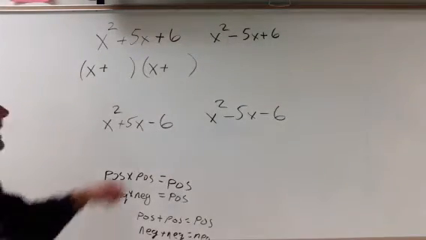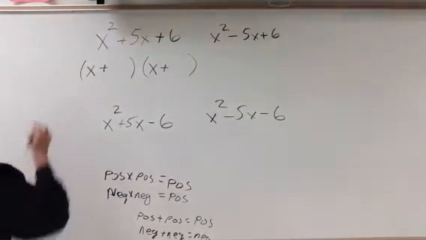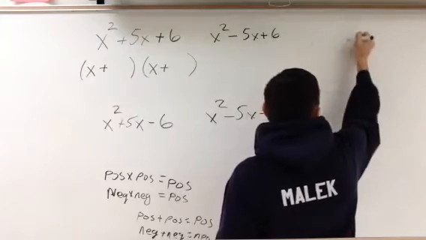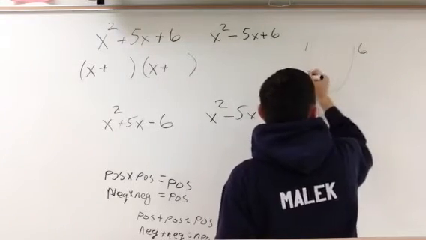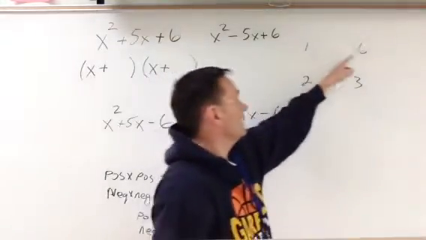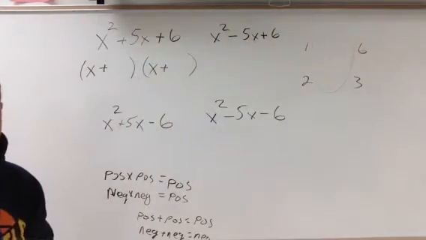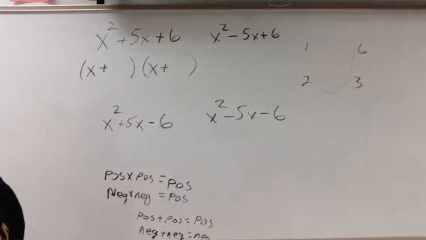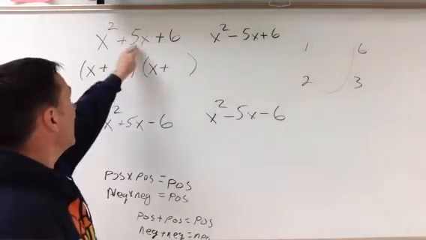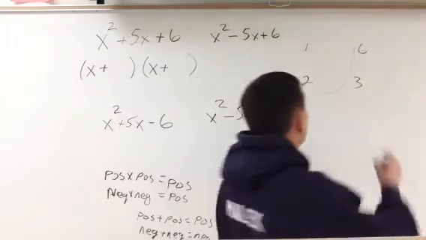Now I'm looking at how to get this term here, 6. This is where I'm going to use my horseshoe. There's combinations. Either 1 times 6 or 2 times 3 is how I get 6. Now I need to add these together. Whatever combination gives me a positive 5 will be my two solutions I use.